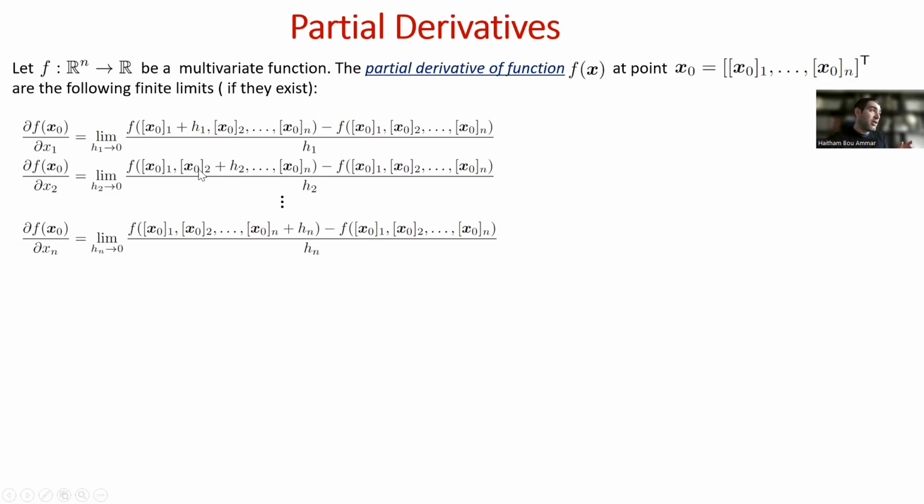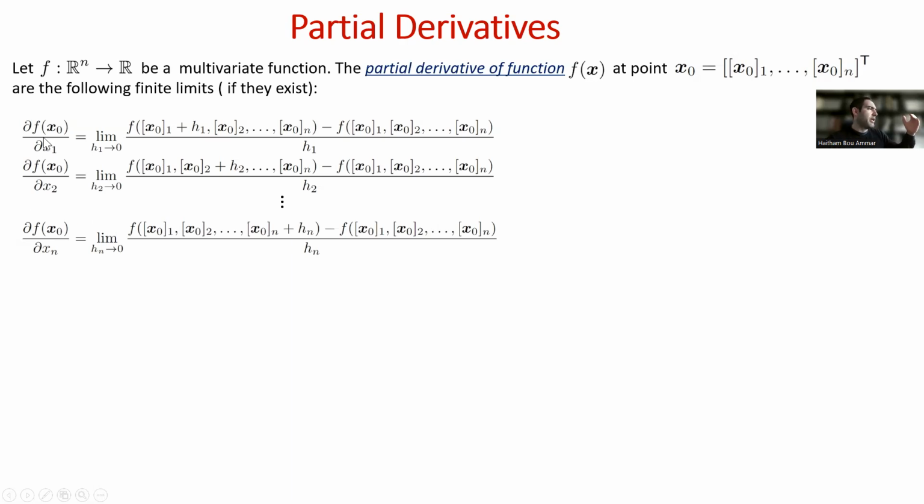And at x02, you actually consider this displacement. You add h2, and then you consider the value of the function at this displaced point minus the value of the function at the point at which you want to compute the partial derivative, and divide it by the size of that displacement, h2. And you take the limit.